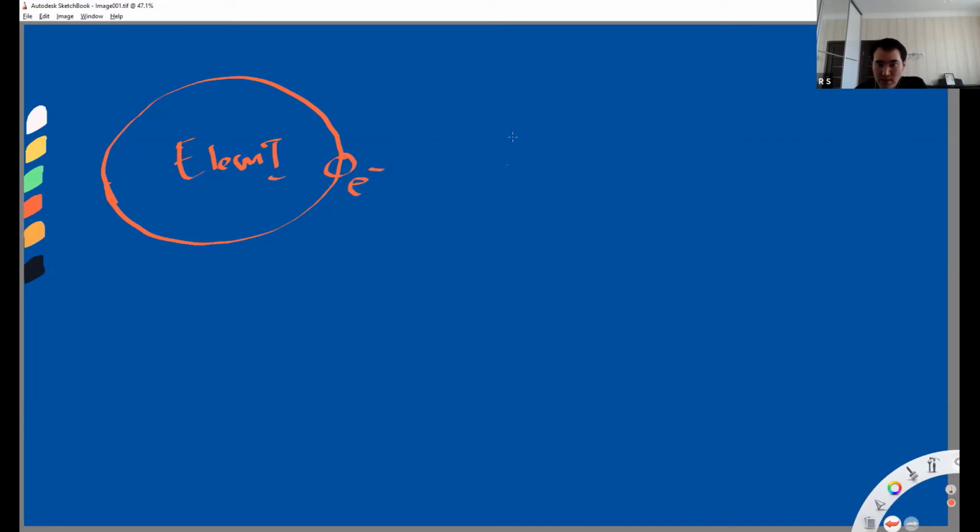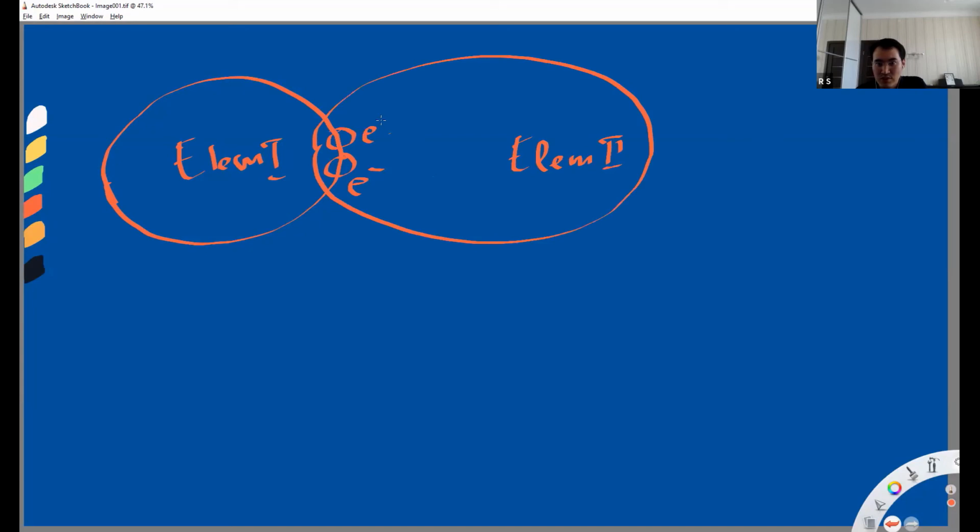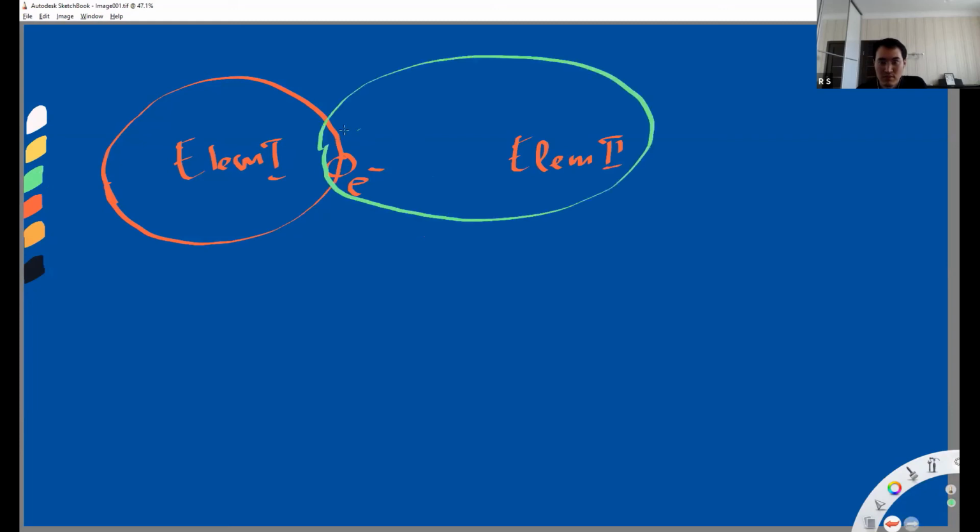And it starts pairing with the element 2 that can accept this electron and form a pair with this electron. So whenever we have these paired electrons, we speak of the covalent bond.